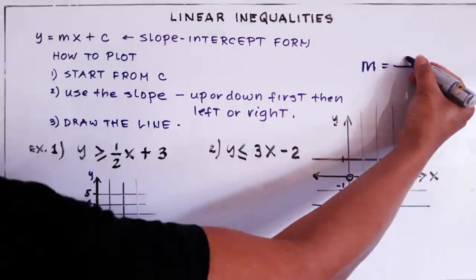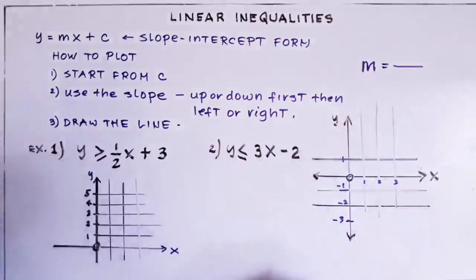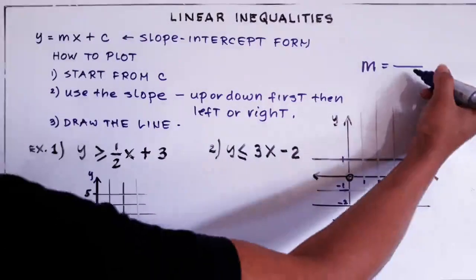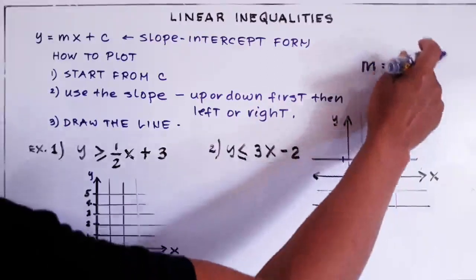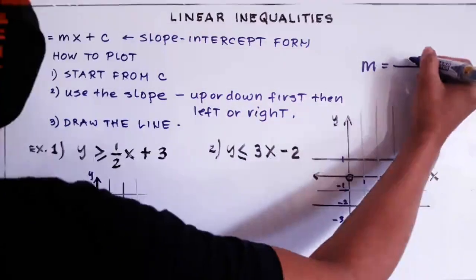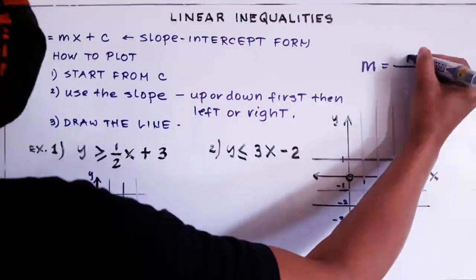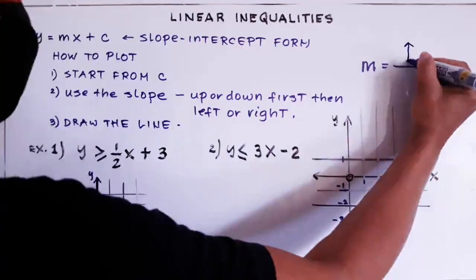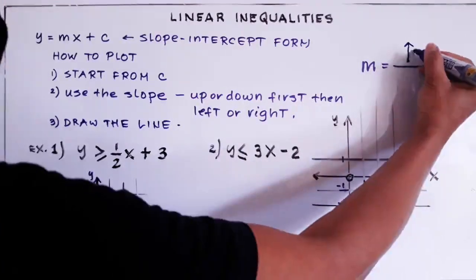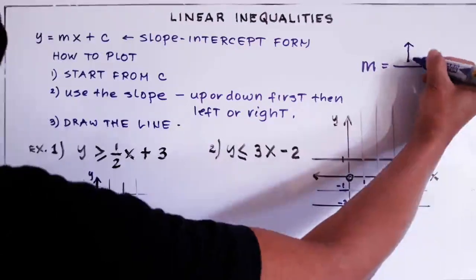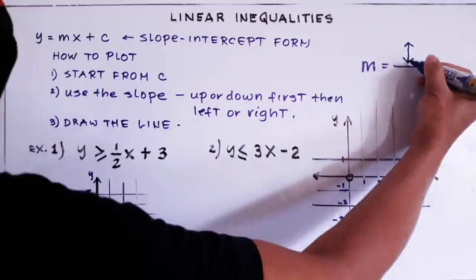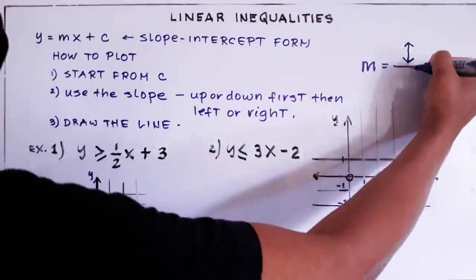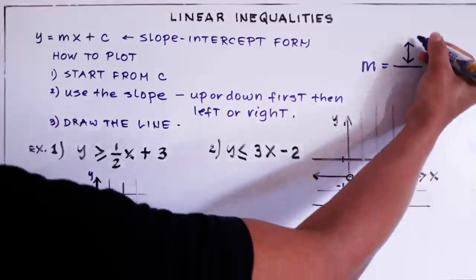One is here, the other one is here. If that one is a whole number, you put it over 1. If the number on top is positive, you go up from your C, 1, 2, 3, 4, if that is 4. And you go down from C if that one is negative. If that is positive, you have to go up.